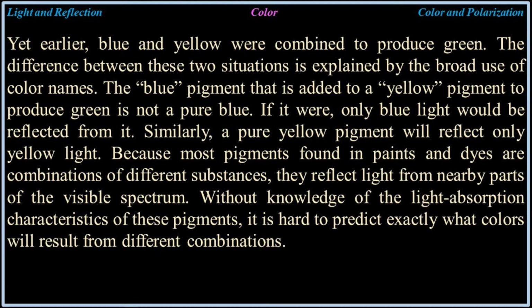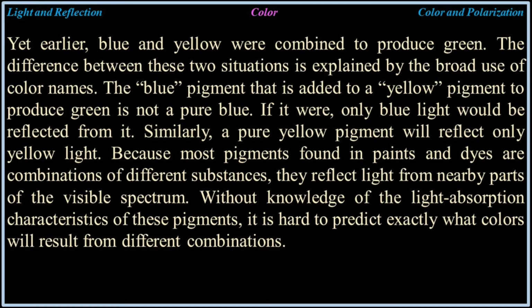The difference between these two situations is explained by the broad use of color names. The blue pigment that is added to a yellow pigment to produce green is not a pure blue. If it were, only blue light would be reflected from it. Similarly, a pure yellow pigment will reflect only yellow light.